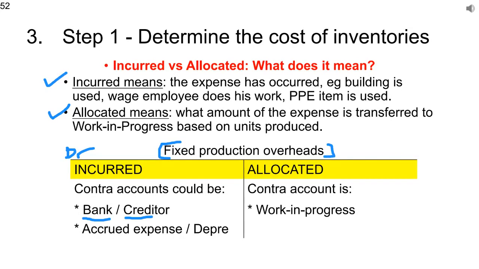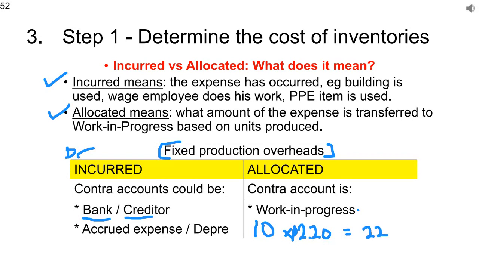But then we're going to remove it out of this expense account and put it into work in progress, by the number of units that we produce multiplied by the allocation rate. In our previous example, the allocation rate was 2 Rand 20. So this journal entry on the credit side would be for an amount of 22 Rand.